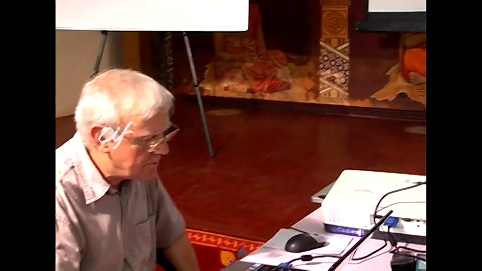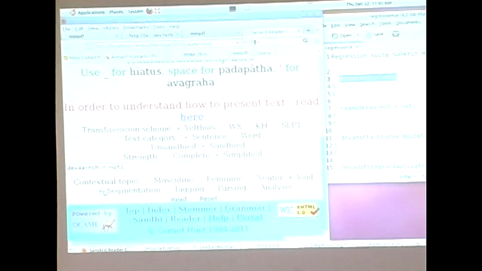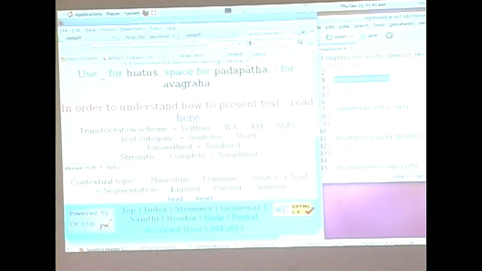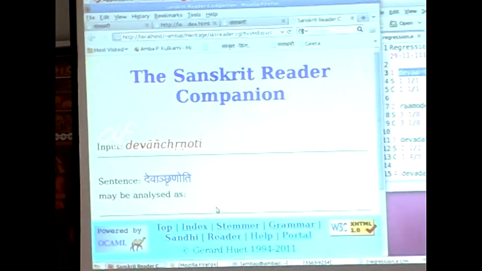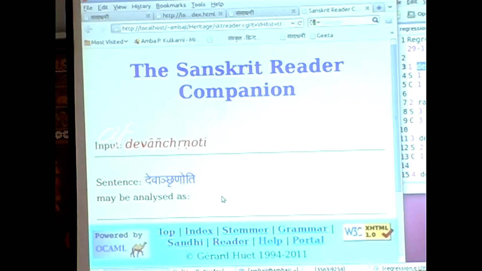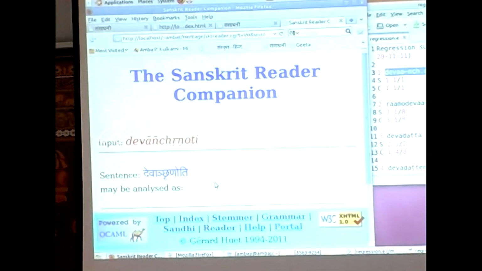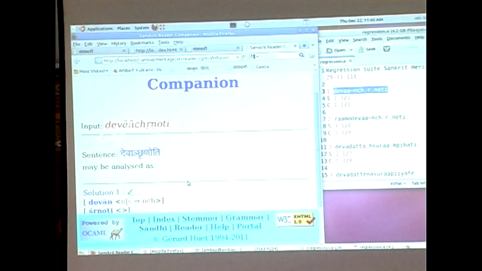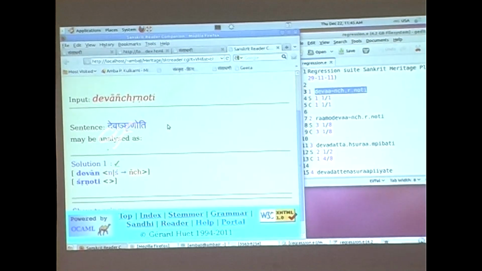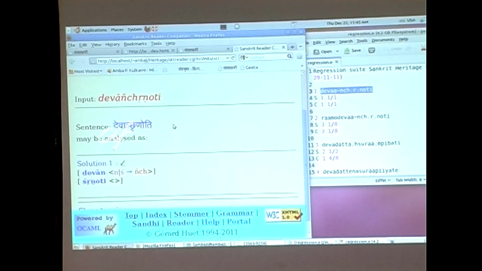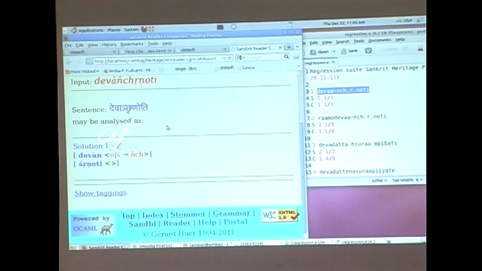So here we can invoke segmentation, for instance. Segmentation, it's pada-pāṭha, as Adi explained, the segmenter. So now if I press the read button, it will segment this Devan Srinati, so it gives the input in romanization, it copies it again in Devanagari, and it proposes here only one solution.